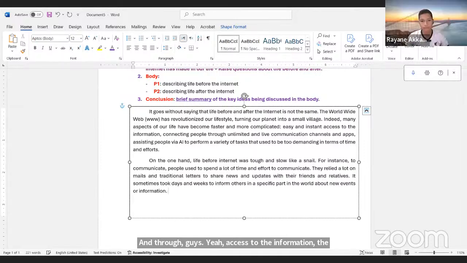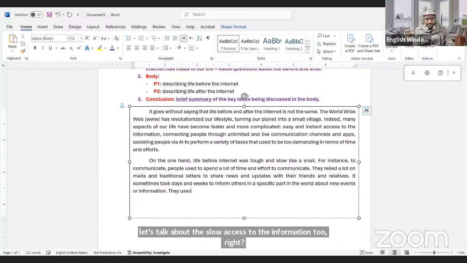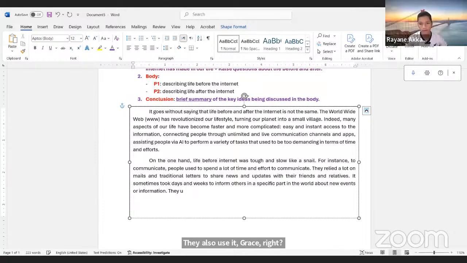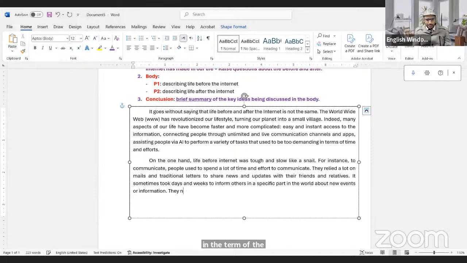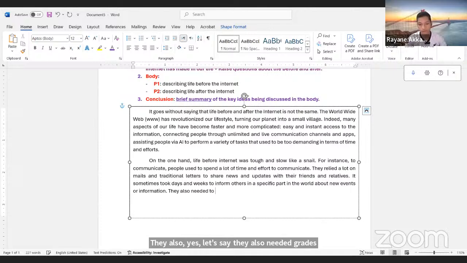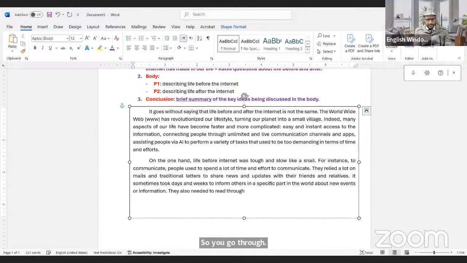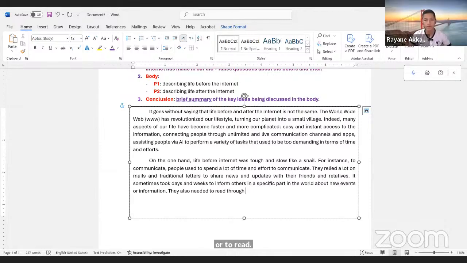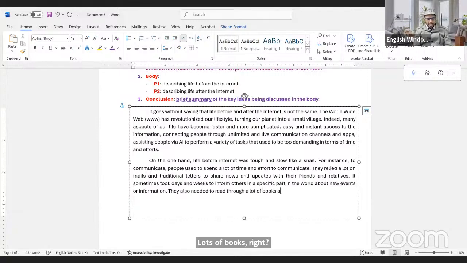They also needed to go through the library and read through lots of books and papers, a lot of books and papers, to get specific information.